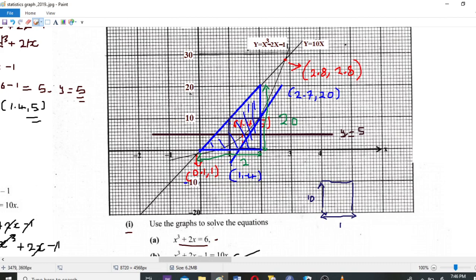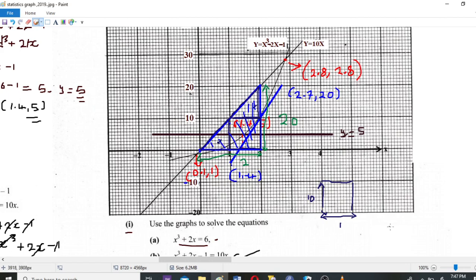Again, on top you have half of a box, and down here you have half of a box. When you add this half and this half, you have one complete box.